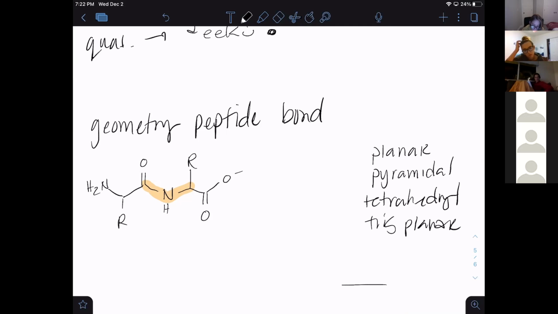The thing though with the peptide bond is this planar is going to throw you a loop, because when we draw a planar, we usually just think it's like this, but this is equivalent to 180 degrees, right? But here we only have one attached and one attached. And what is the degree between these guys?